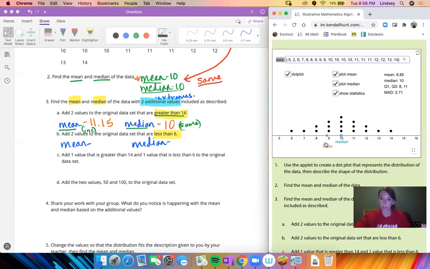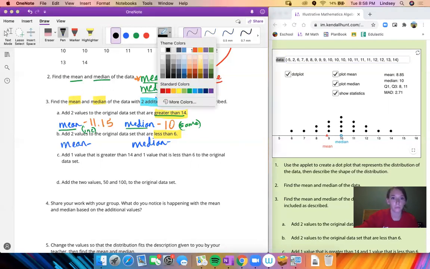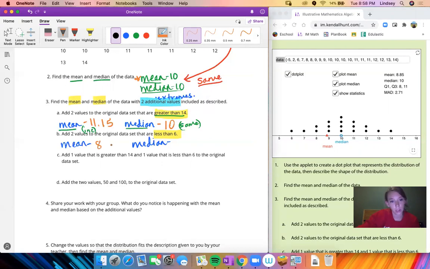What happened to our mean? It started at 10 and then it decreased to 8.85. So let's write that down. So it went to 8.85. And then my median is still 10.